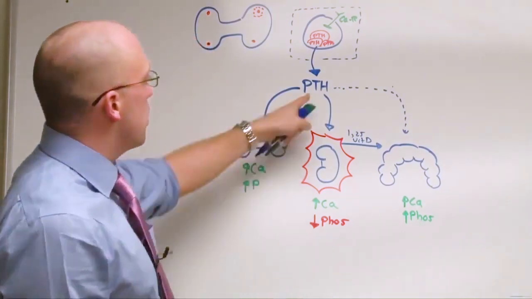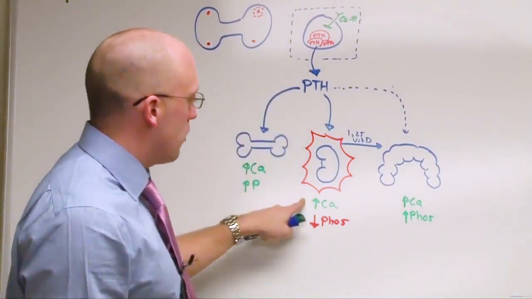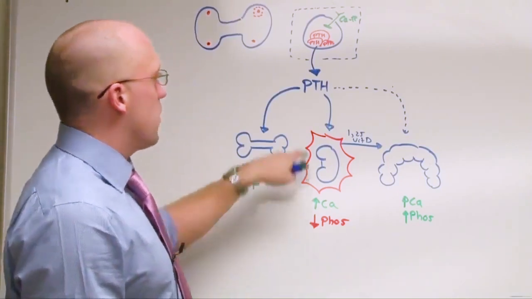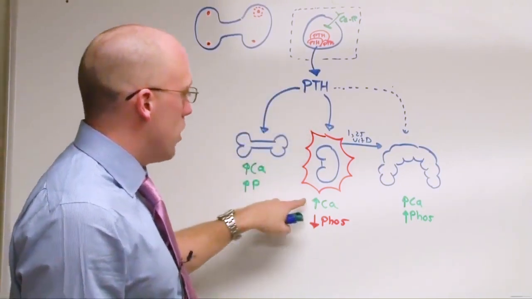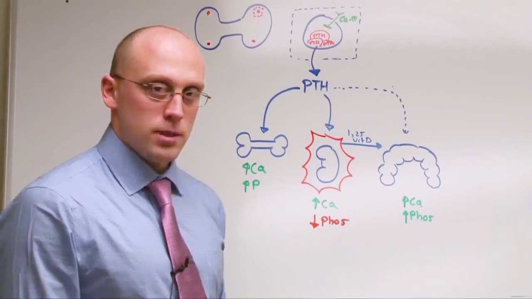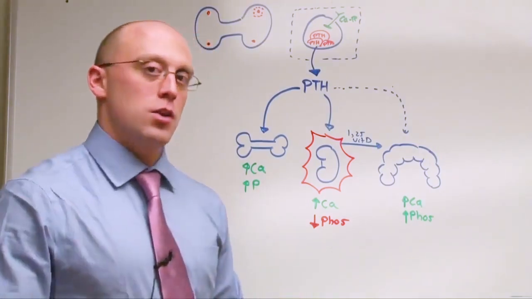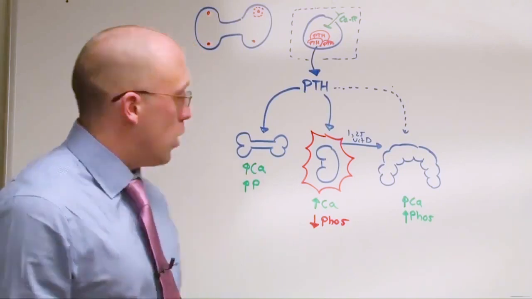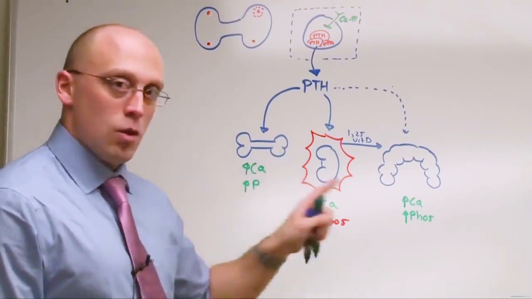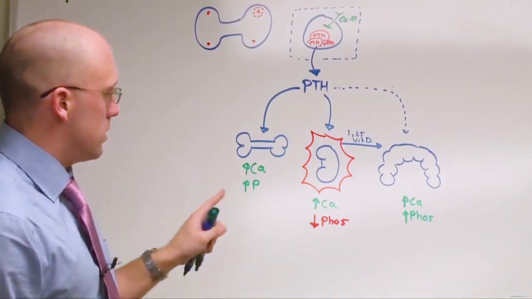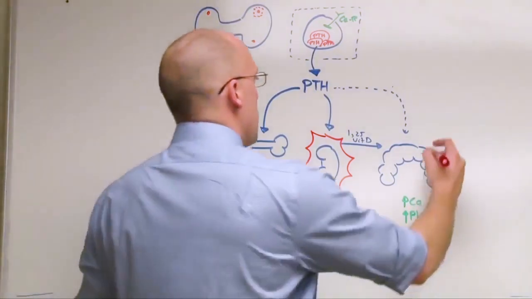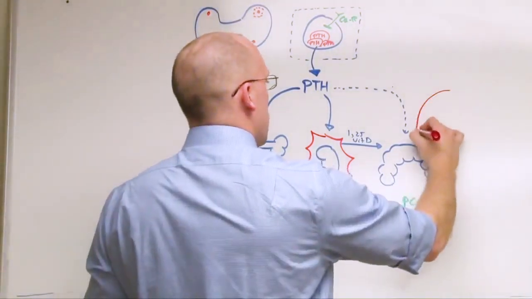If there's too much parathyroid hormone, calcium will elevate and phos will fall. If there's too little parathyroid hormone, calcium will fall and phos will rise. That's a generalization. You'll see how it's not always true, but I want you to keep in mind the kidney always wins. There's one more piece to this, and that is artificial vitamin D.